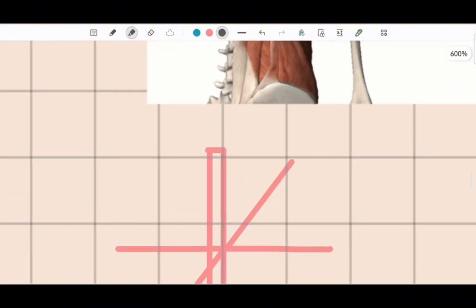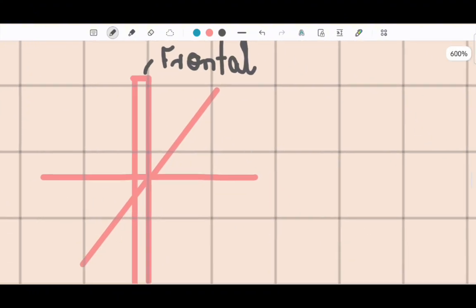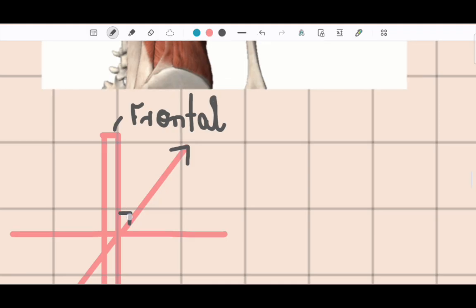Okay, so this is your frontal plane, and it's dividing the body into the anterior and the posterior part, and this one is your axis. Okay, this is also an angle of 90 degree.